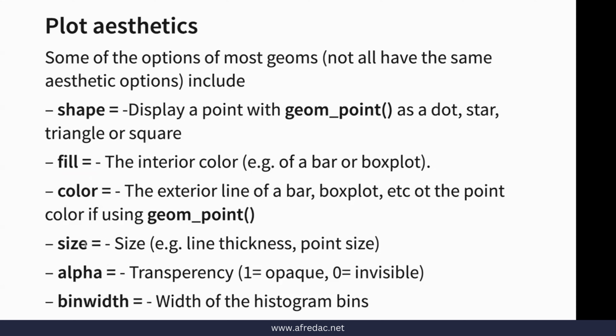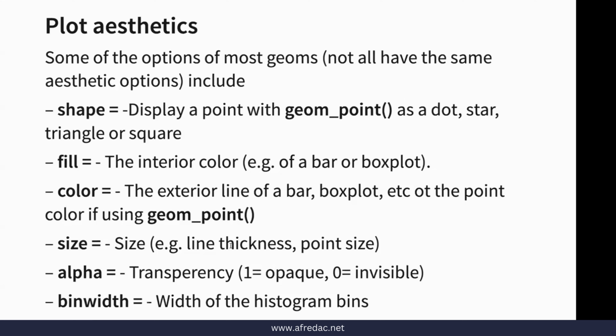Then we also have the size. How thick do you want the line of a geom line to be? How large do you want the point size of the geom point plot to be, etc. You can also have something like alpha, which shows you the transparency of a given point used in the geom point. Suppose I would like to make it opaque, there are some values I can have here.